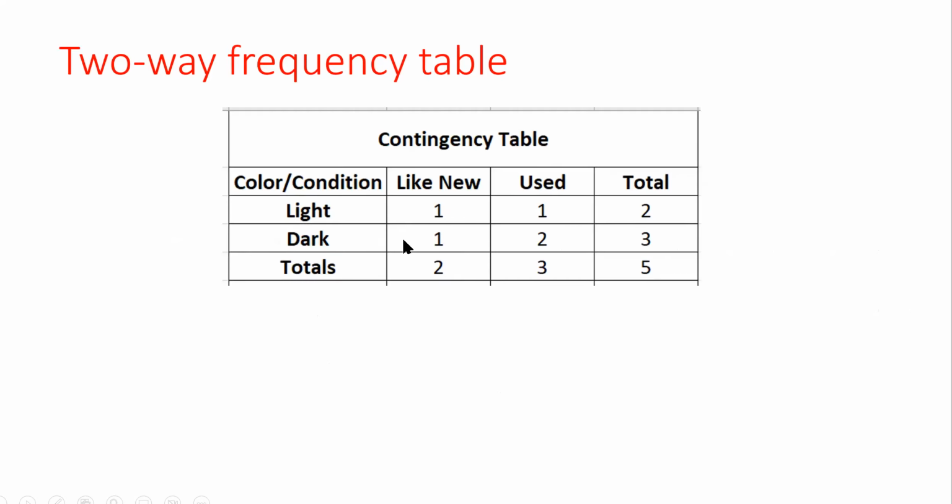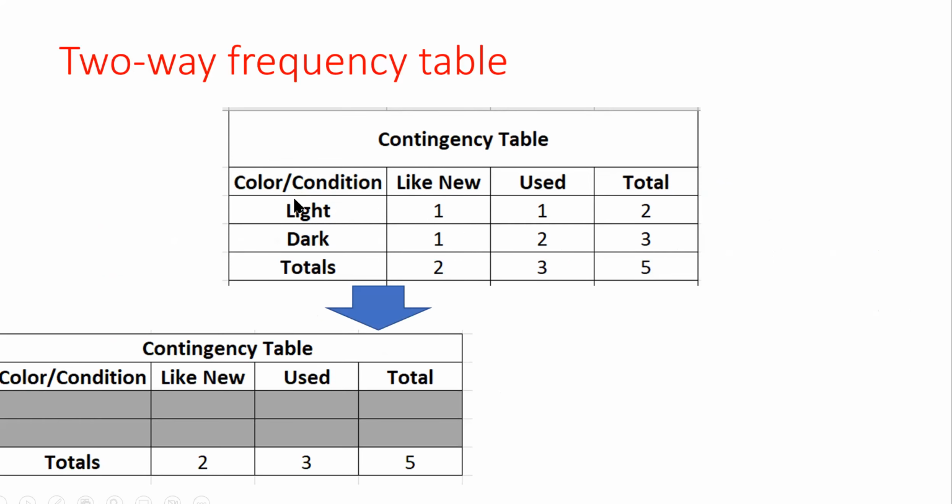Now let's talk about those tables, which are also called two-way frequency tables. And the reason is because you can read frequencies from these tables. So if we, for example, cover one of the variables, which is car colors, we end up with just frequencies for the condition.